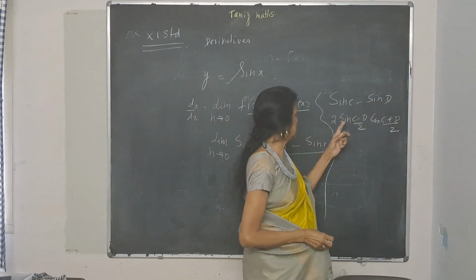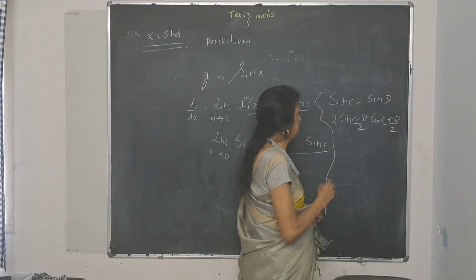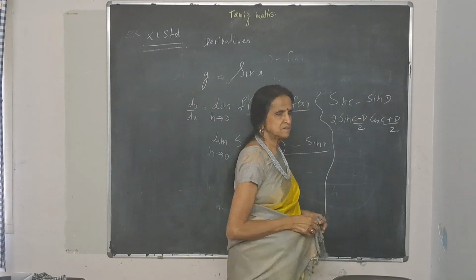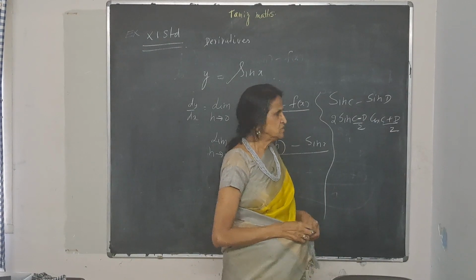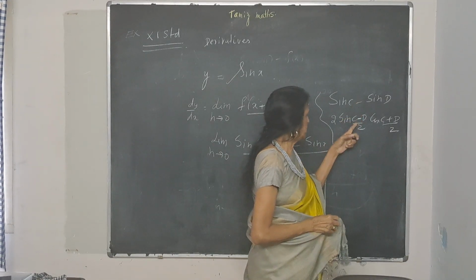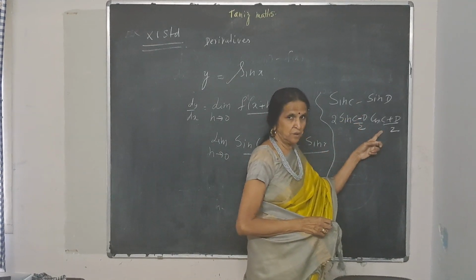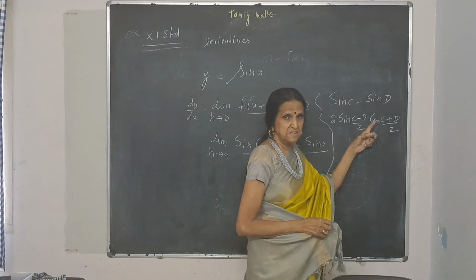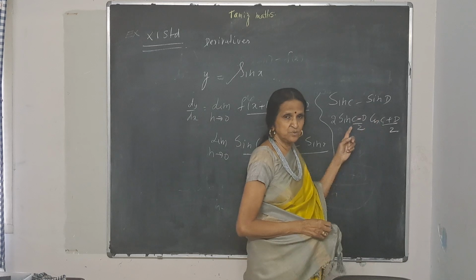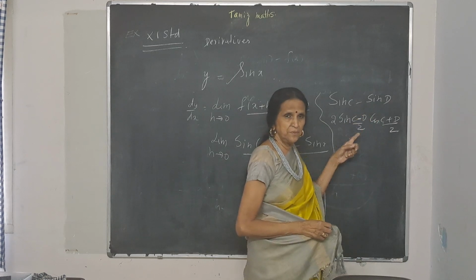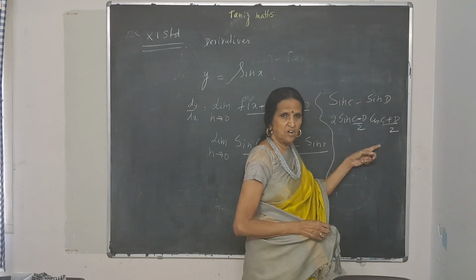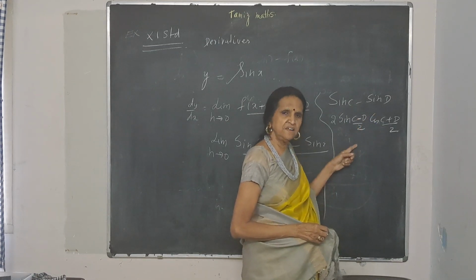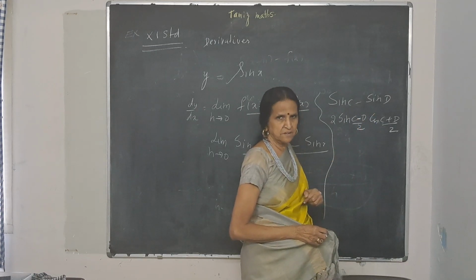Sin c minus sin d equals 2 sin of (c minus d) by 2 and cos of (c plus d) by 2. How do you remember? Yes, students, how do you remember? Sin c minus sin d, 2 sin. There's a minus here, so there will be a minus for sin. And for cos, obviously it will be the other sign. And there's a plus here. For sin it will be plus, and for cos it will be the other way round.